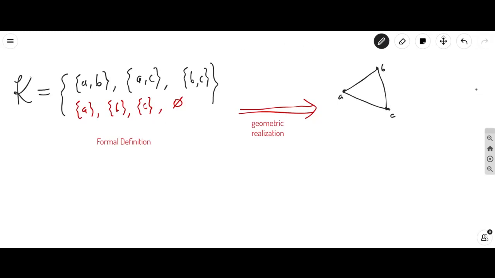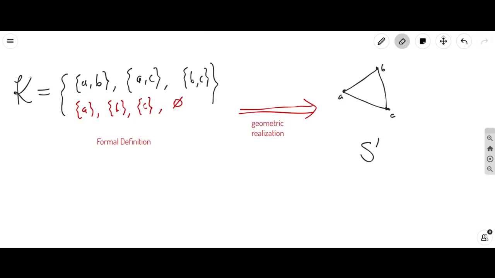And that's a triangle, right? This triangle is homeomorphic to the circle. So we would say that the geometric realization of that is something that's homeomorphic to the circle. So in combinatorial topology books, the geometric realization would always consist of straight lines. So it would be some triangle, but then the triangle is homeomorphic to the circle.